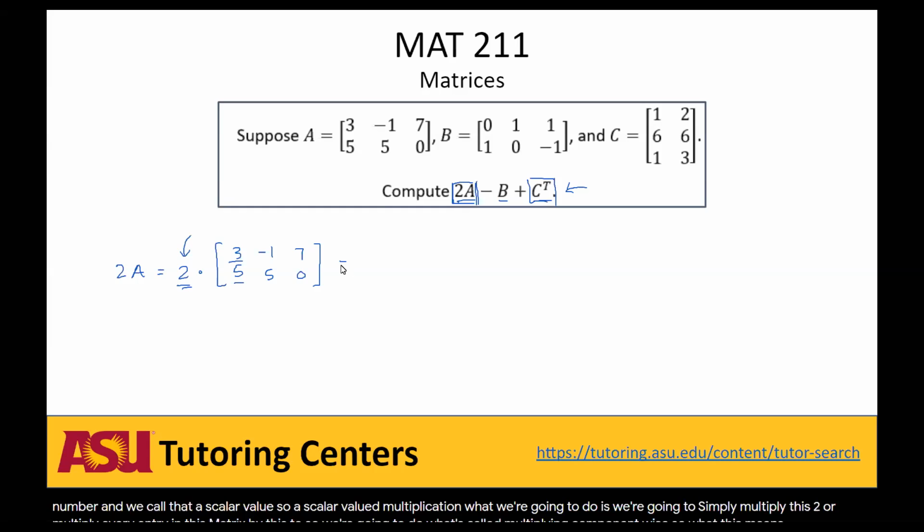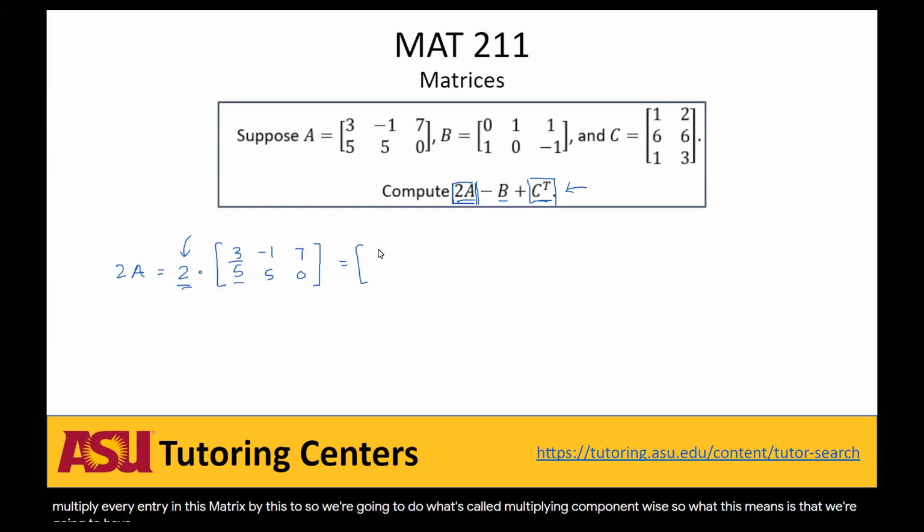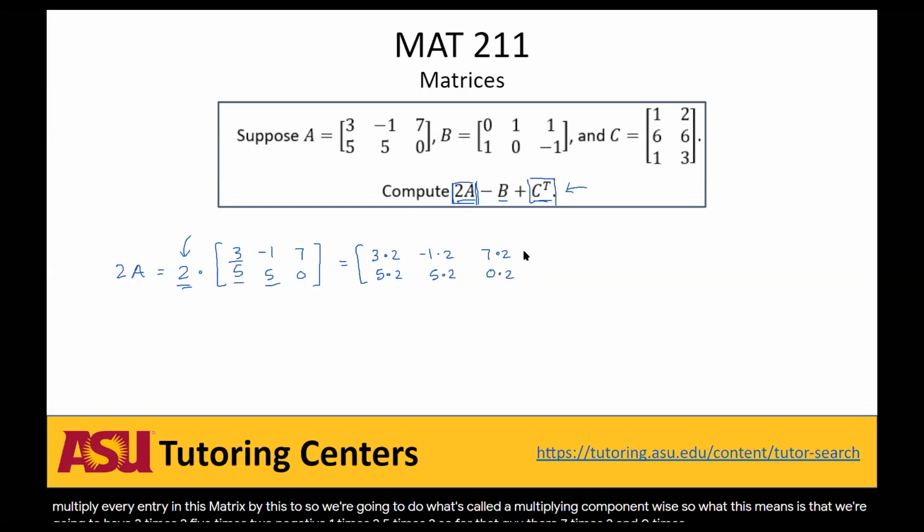What this means is that we're going to have 3 times 2, 5 times 2, negative 1 times 2, 5 times 2, so for that guy there, 7 times 2, and 0 times 2.